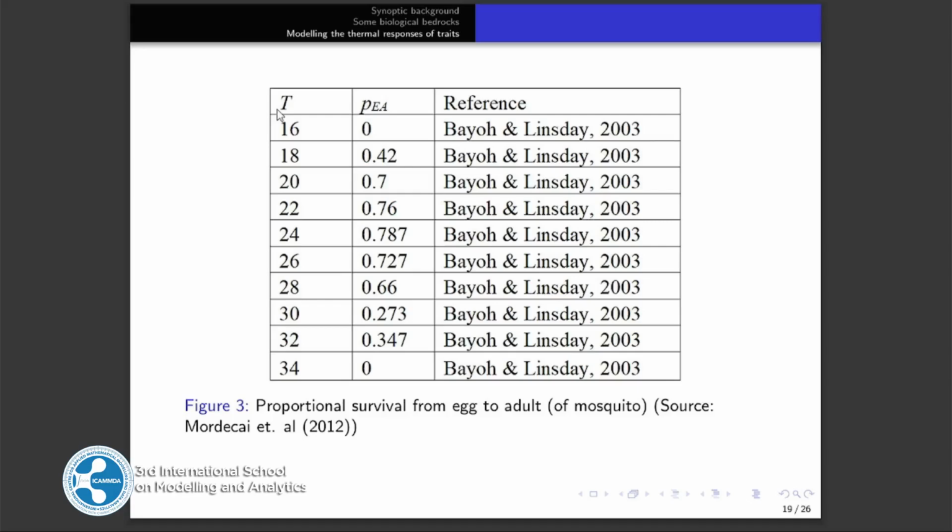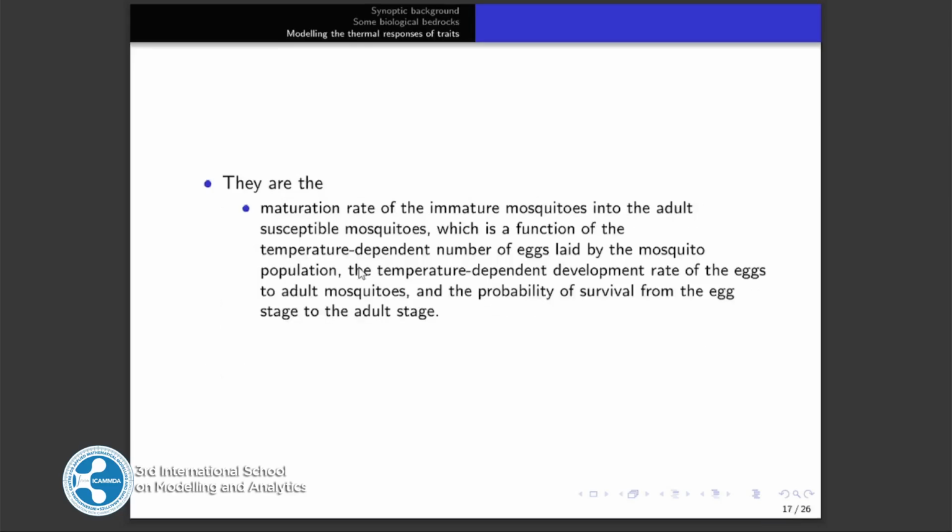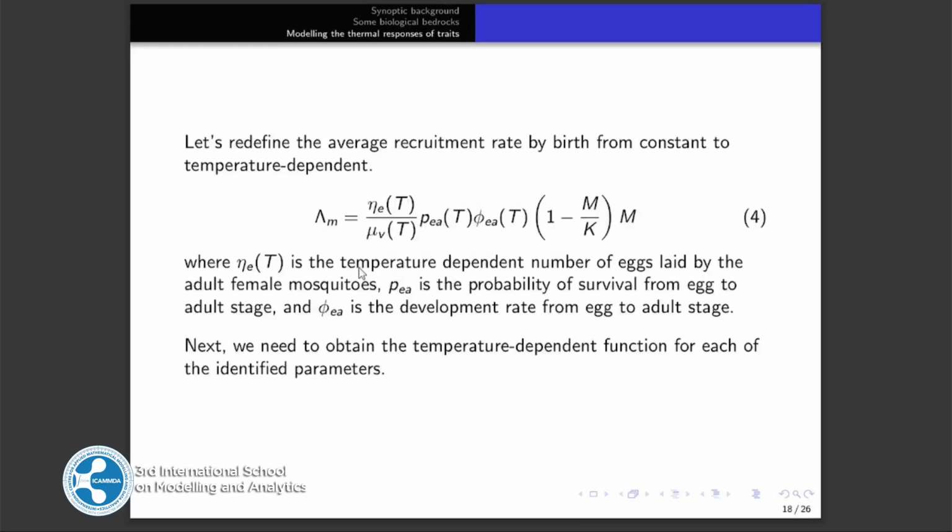And I showed us earlier the functions that can be used to capture this. You make use of the quadratic functional form, or the Brière function. There are some biological traits that the quadratic form fits better, and some that the Brière function fits better. I cannot really go deep into the mathematics of that now, so let's just take it that way.